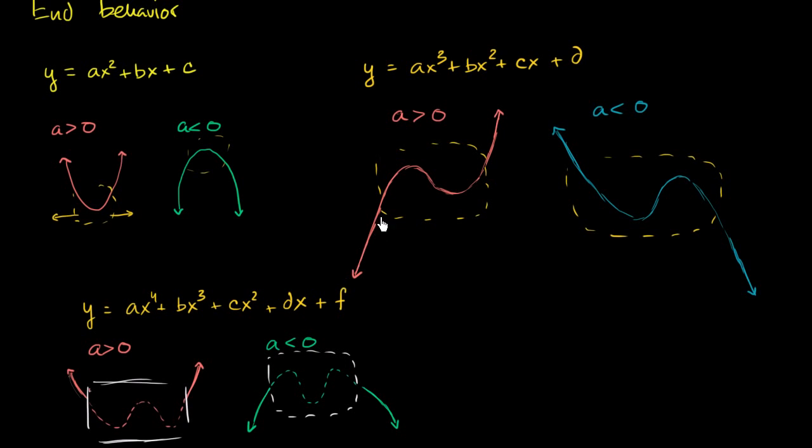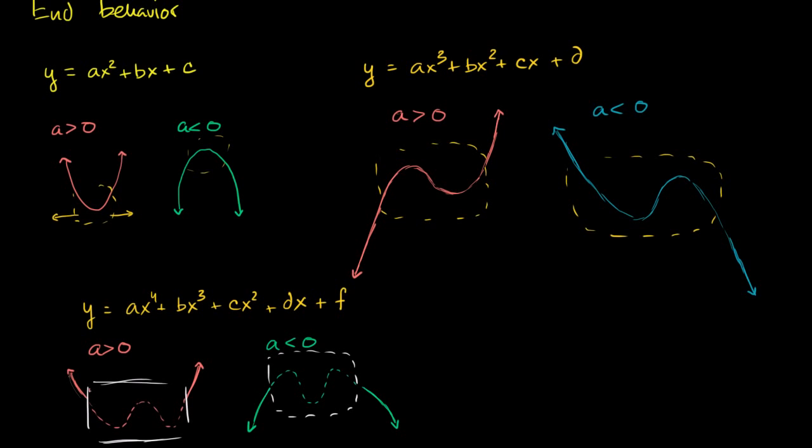Now, the same is true for a fifth degree if you were to compare it to a third degree. And the overall idea here is what happens to this value when we get really large x's or really small x's? Are we taking it to an even power, in which case for either really negative values or really positive values, we're going to get positive values, and then it depends what our coefficient a is? Or are we taking it to an odd power?